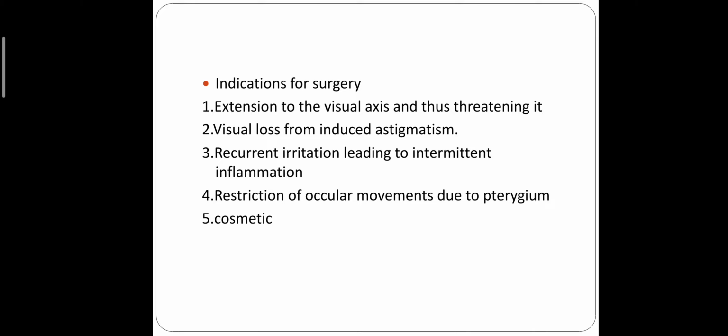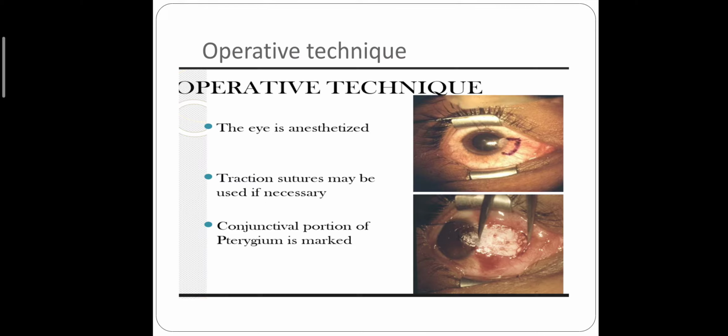Then if it's causing decreased vision because of significant astigmatism, we can go ahead and operate. And if it's causing recurrent irritation or recurrent inflamed pterygium, if the patient complains of frequent on and off redness, then also we can go ahead and operate. And rarely a cosmetic indication, if the pterygium is stationary and small but the patient wants to get rid of it, we can go ahead with surgery. So these are the main indications for pterygium surgery.